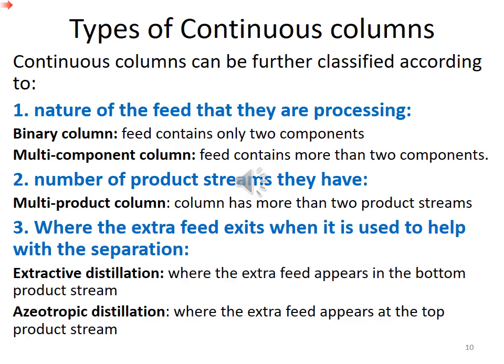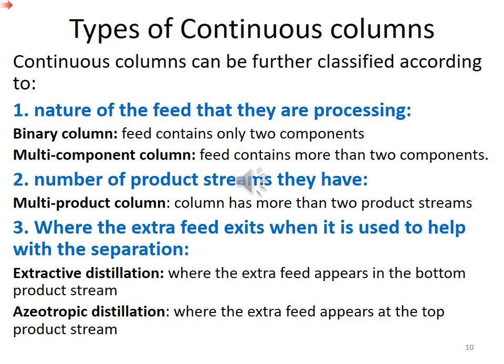So if the column is processing two components, then this continuous column will be named as binary column, and if the column is processing more than two components, then it will be named as multi component column.